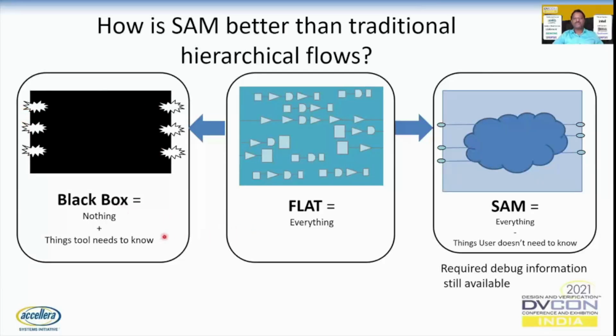As compared to all these methods, SAM flow enables the static verification with a reduced amount of logic relevant for the static check, as well as giving visibility into the internal structures for debugging of the issues. As the intent is captured from the actual RTL design, SAM ensures that QR is maintained till the sign-off stage of the project.